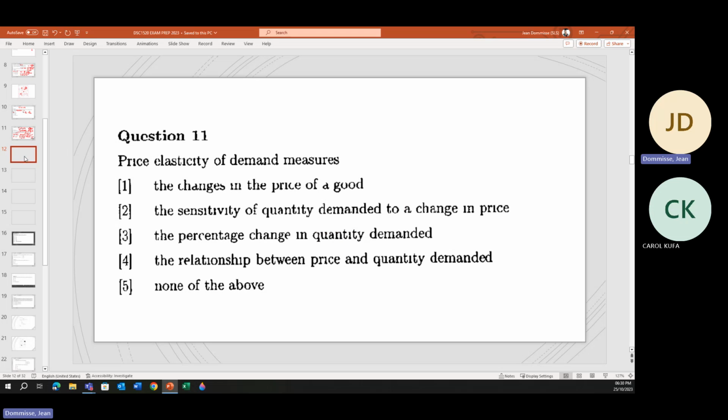Price elasticity of demand measures the change in the price of a good, the sensitivity of quantity demanded to a change in price, the percentage change in quantity demanded, the relationship between price and quantity demanded. Okay, so it's definitely not a relationship. It is the change in something, but it's the sensitivity in the change. So option 2 is the correct one in this instance.